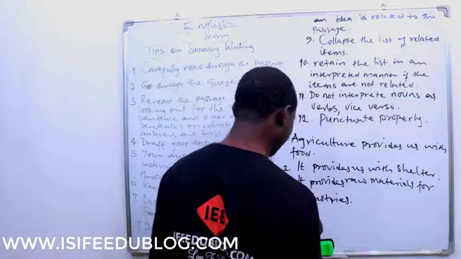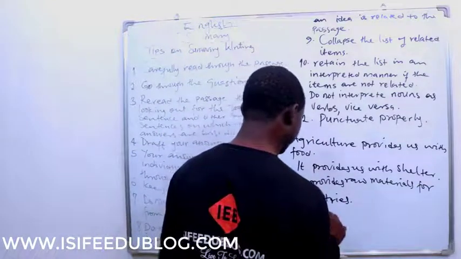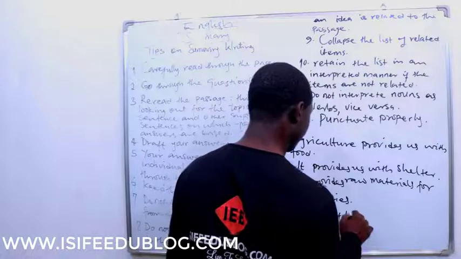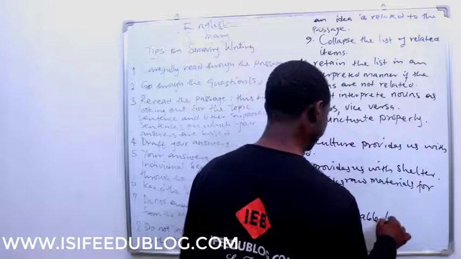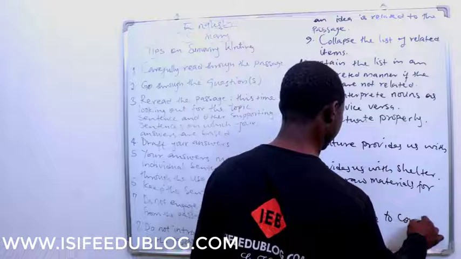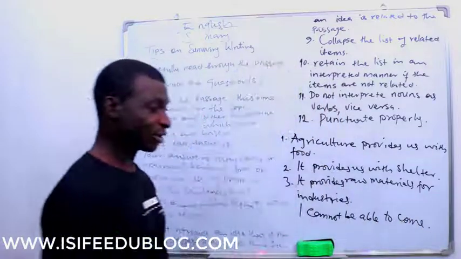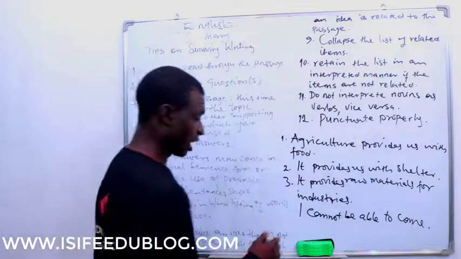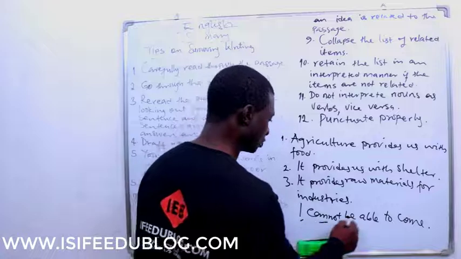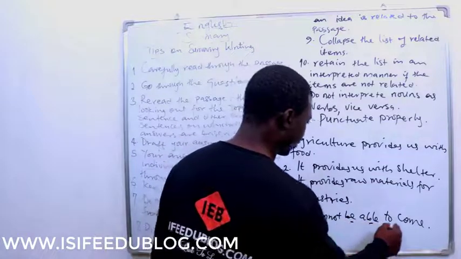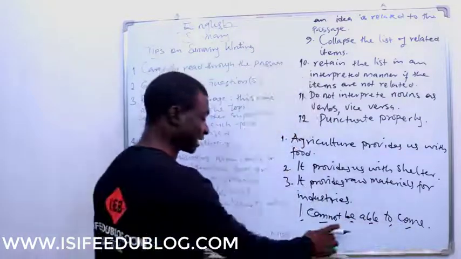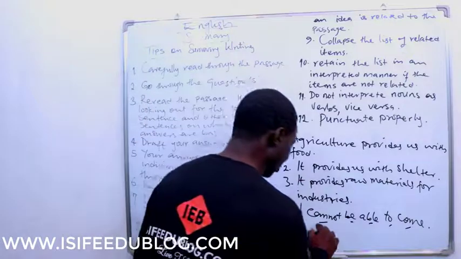Why should somebody say, I cannot be able to come? You have 6 words for a sentence of 3 words.